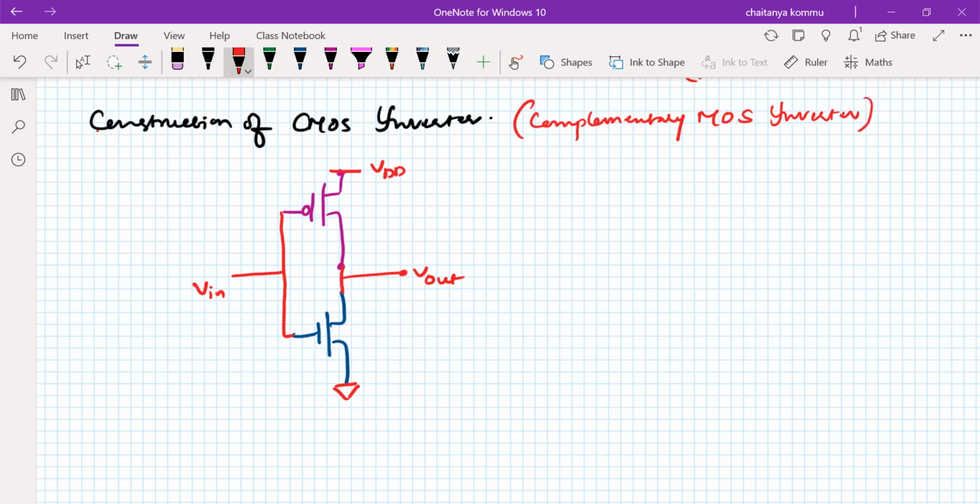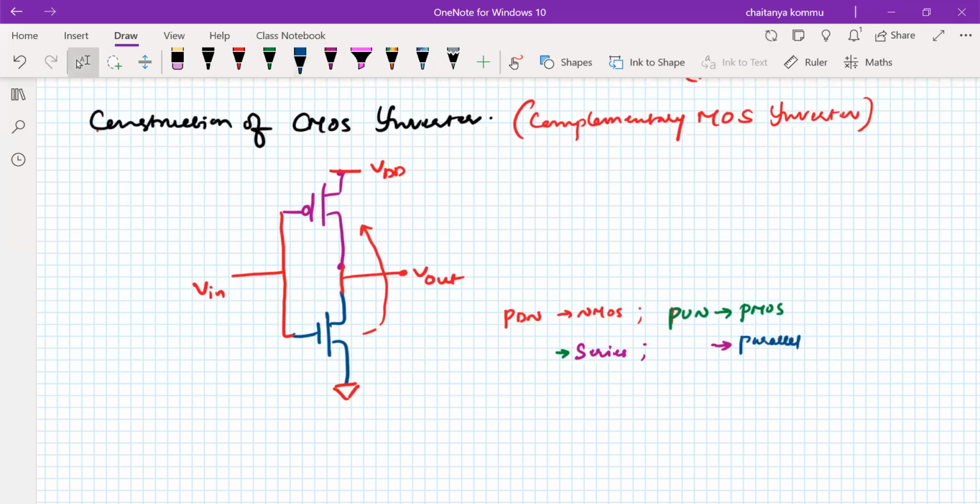That means whatever the pull-down network we are considering here, we have to consider its complemented version for the pull-up. Complementation in the sense that if the pull-down network is NMOS, then the pull-up network should be PMOS. If the pull-up network consists of series connections between the transistors, the pull-down network must be a parallel connection.